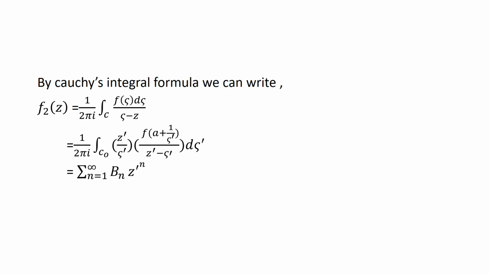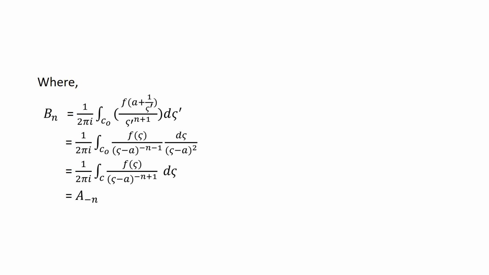Now we consider this as the summation n equal to 1 to infinity b_n into z dash power n, where b_n is 1 by 2 pi i integral over C naught f of a plus 1 by zeta dash divided by zeta dash power n plus 1 d zeta dash.